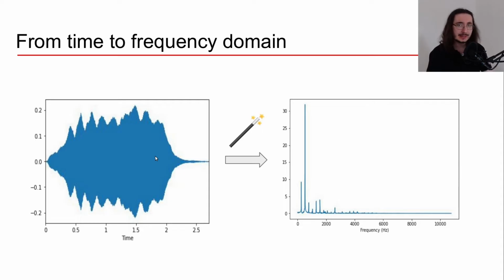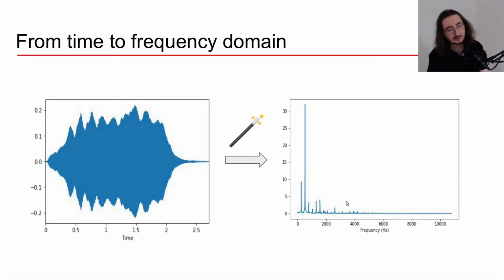Okay, so just a little refresher on time domain and frequency domain. In the time domain, the sound is visualized as amplitude as a function of time. And so we see all the events across time for the sound.